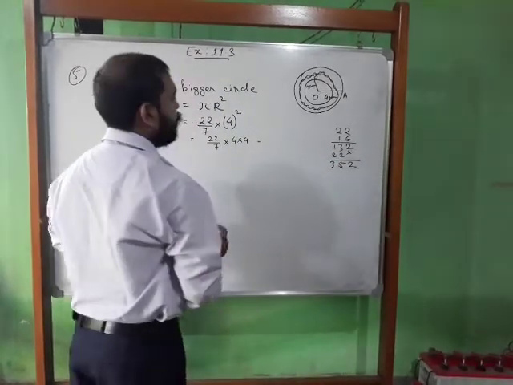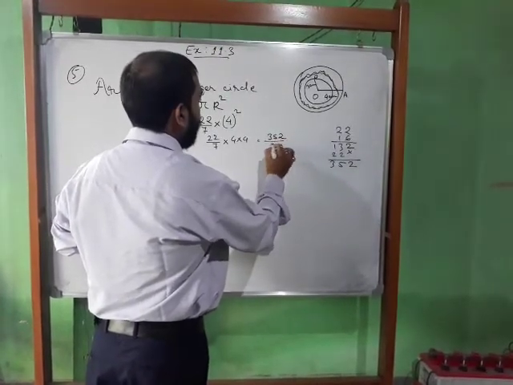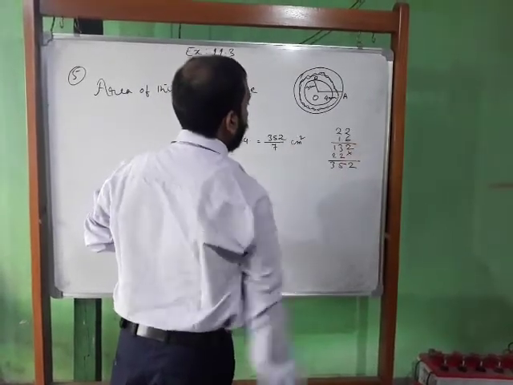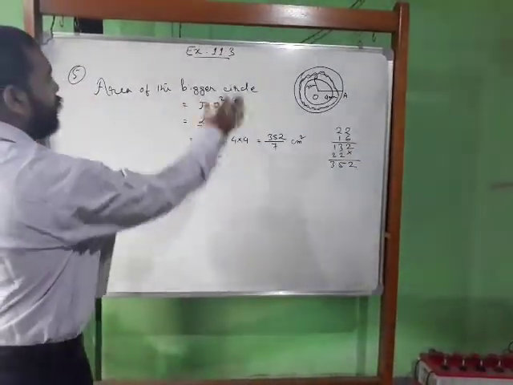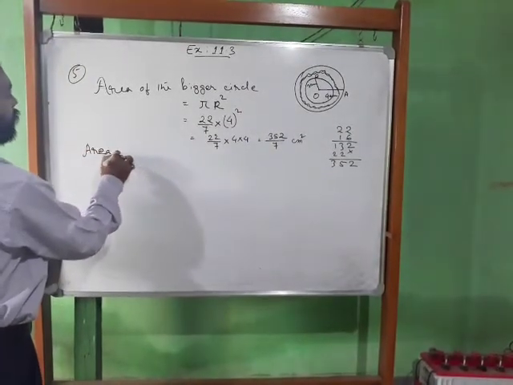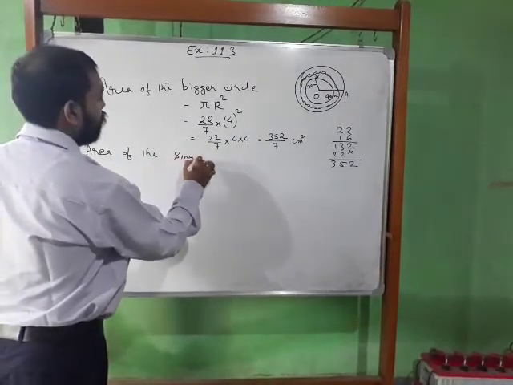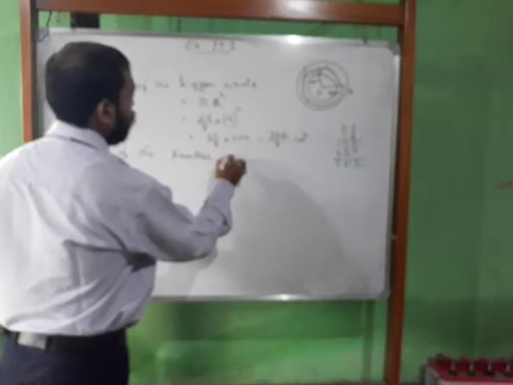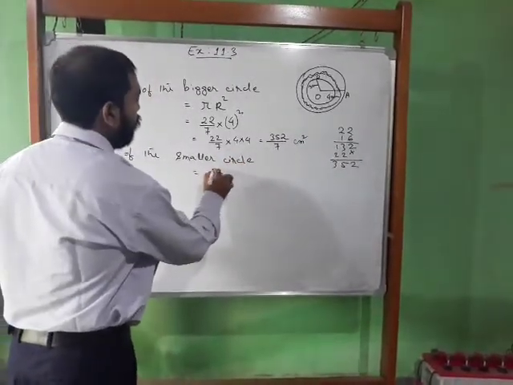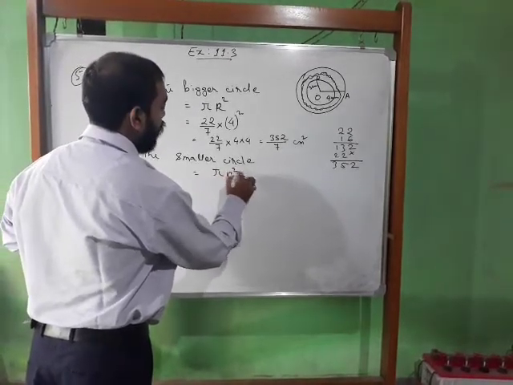So it is 352 by 7 centimeter square. Now let us find the area of the smaller circle. The formula is pi r square, taking the radius of the smaller circle as r.